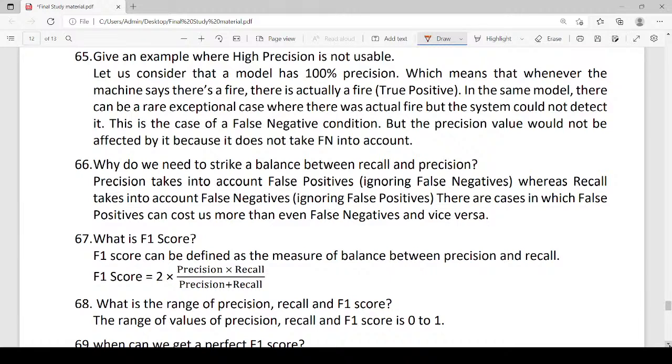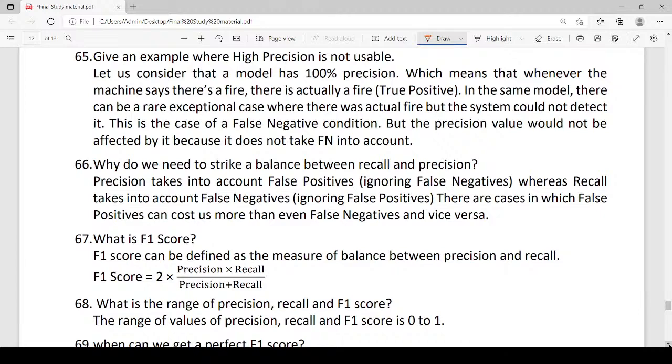So you should avoid doing this. Your precision formula will be TP by TP plus FP. Your recall formula will be TP by TP plus FN. And your F1 score formula would be 2 into precision into recall divided by precision plus recall. In none of these are we multiplying by 100. Please remember this, otherwise your answer will go wrong.